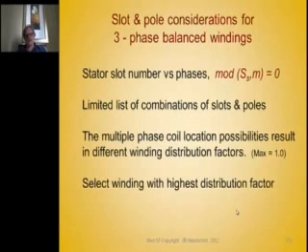For each one of those combinations, there's frequently a multiple number of coil location possibilities, and each one results in a different winding distribution factor, and the most desirable and the maximum, of course, is 1. So you always want to select the winding or the coil location pattern for any given number of slots versus poles to give you the highest distribution factor.